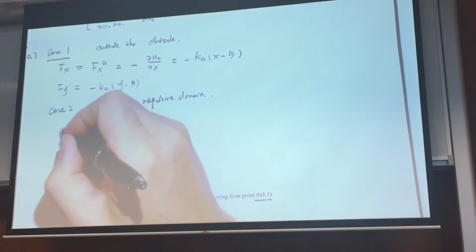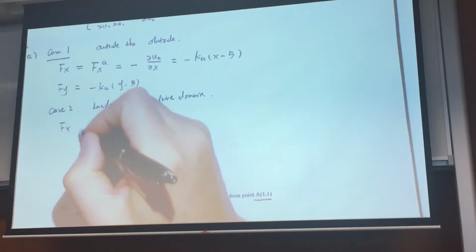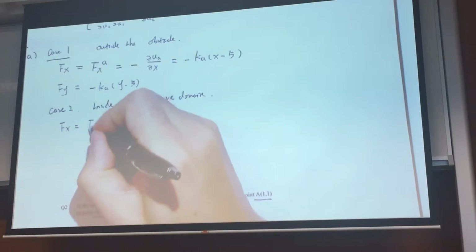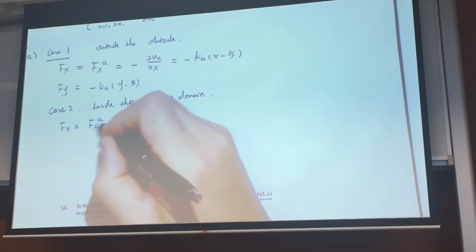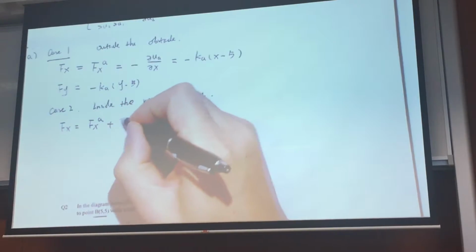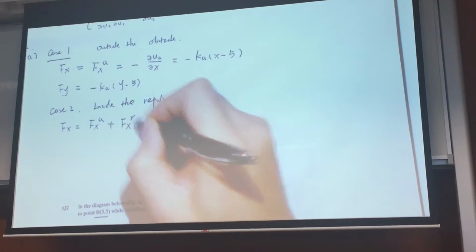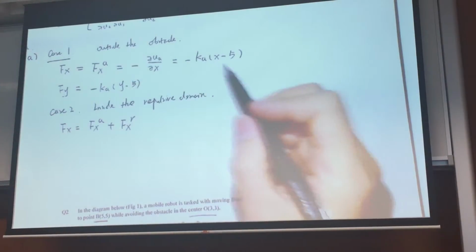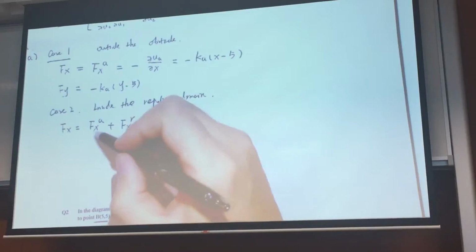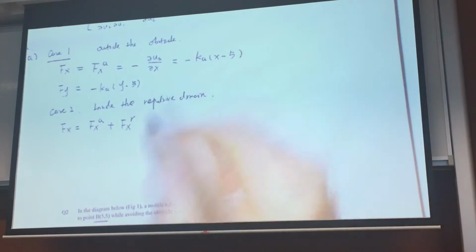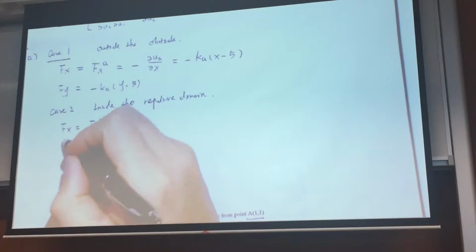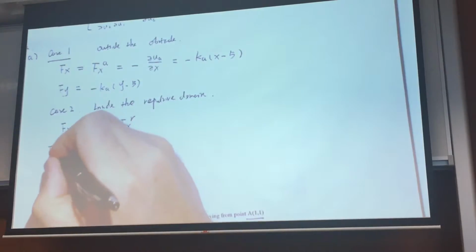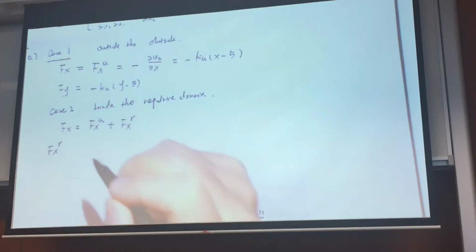In this case the force is given by the attractive force plus the repulsive force. The attractive force will be the same as here, but you need to derive the repulsive force.